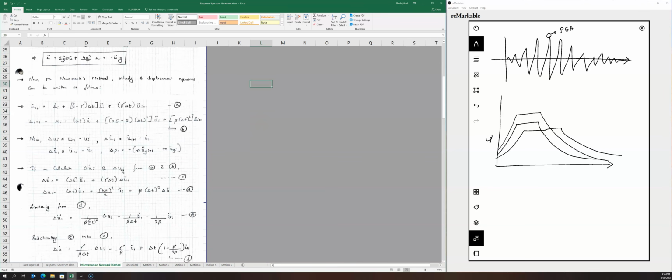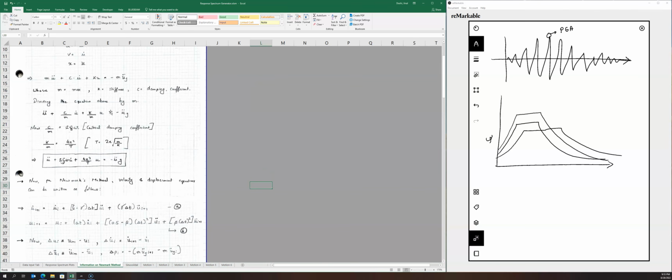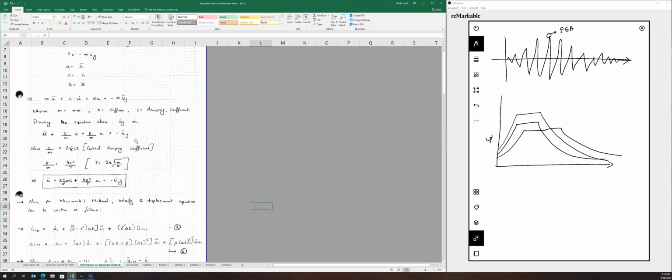So you are incorporating a natural characteristic of the building, and the natural time period of the building itself is dependent on two terms. One is the mass, the other is the stiffness. That's K over M right there. So inherently, you're capturing the two things together into the natural period of the system itself.